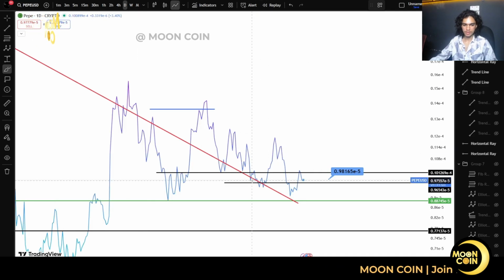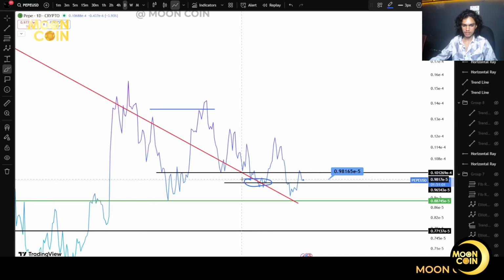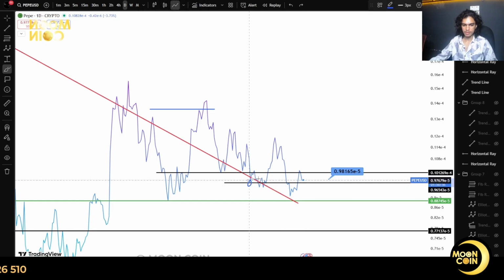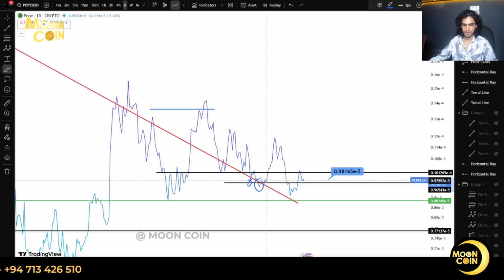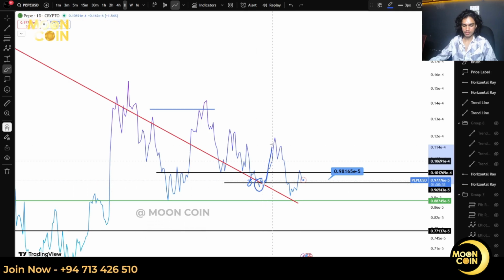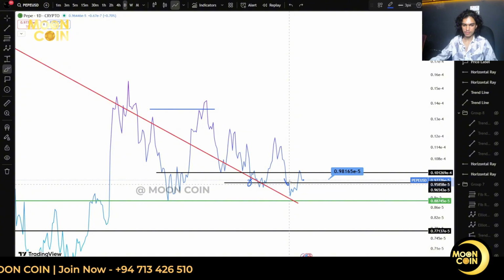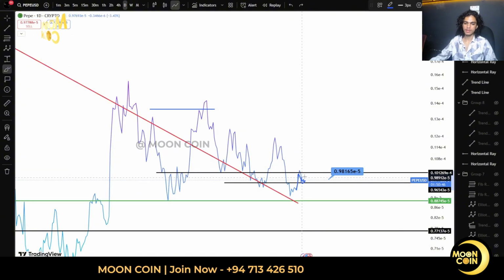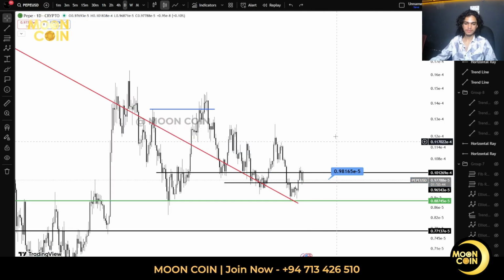I have taken this as another trend line. You can see we have this wick here and a fake out, and we had a retest and a good impulse move, and we had a fake out. This is a fake out, and we had a breakout. Now we are in a retest.